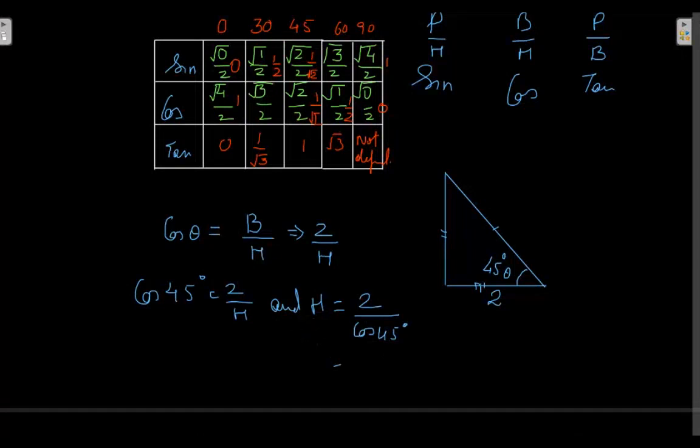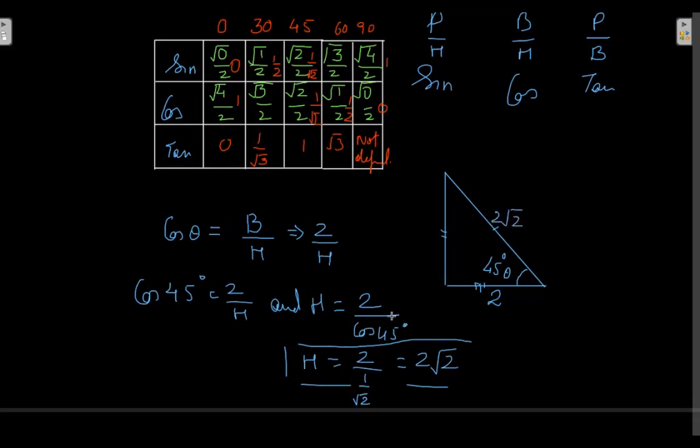So this h becomes 2 divided by 1 over root 2, and when you take the reciprocal, it becomes 2 under root 2. This way we have got the hypotenuse, right? So this side becomes 2 under root 2.